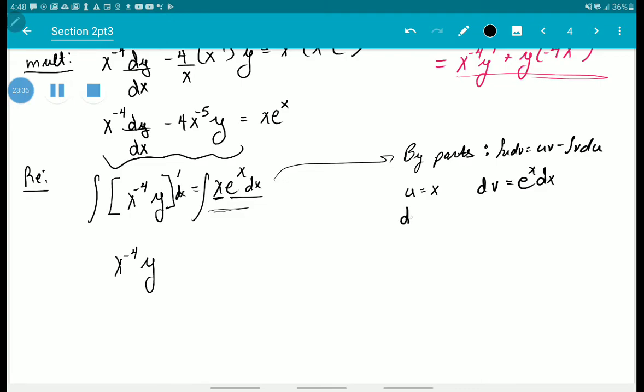That's going to tell us what du is, because du is just the derivative of u. That tells us what v is going to be, because v is just the integral of dv. So when we integrate, we're going to get uv minus the integral of v times du.